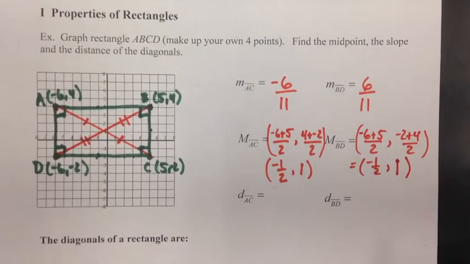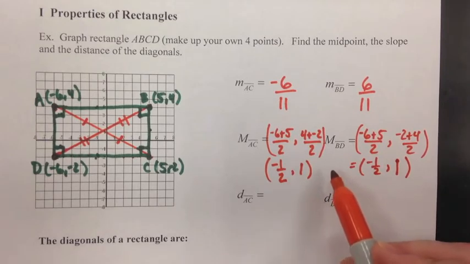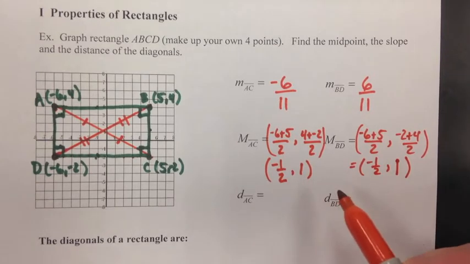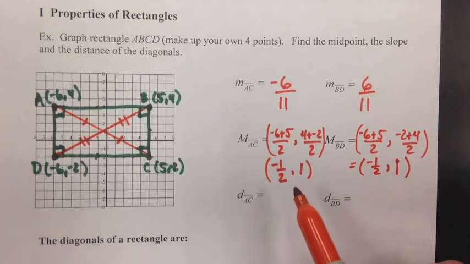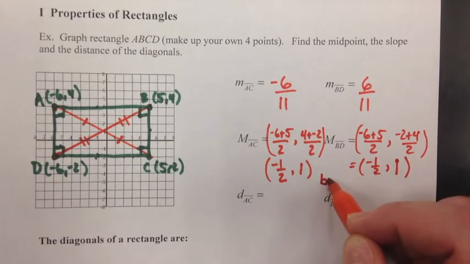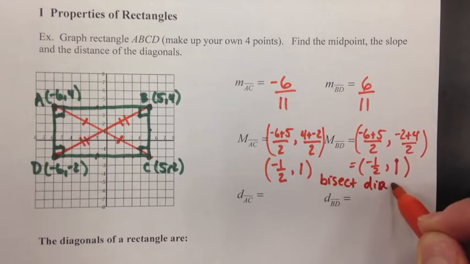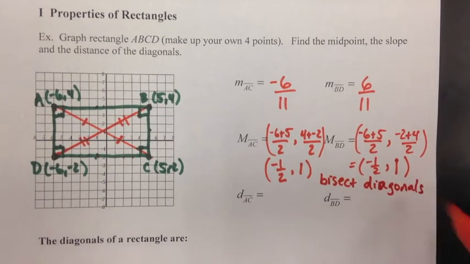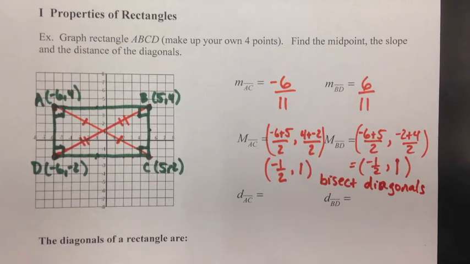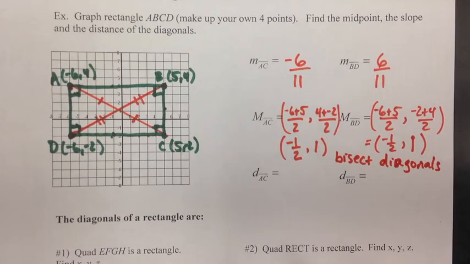So notice you get the same midpoints. Now that's not special really, because this is a parallelogram. A rectangle is a parallelogram. So this means the diagonals bisect. Alright, so again though, that's not different from a parallelogram.